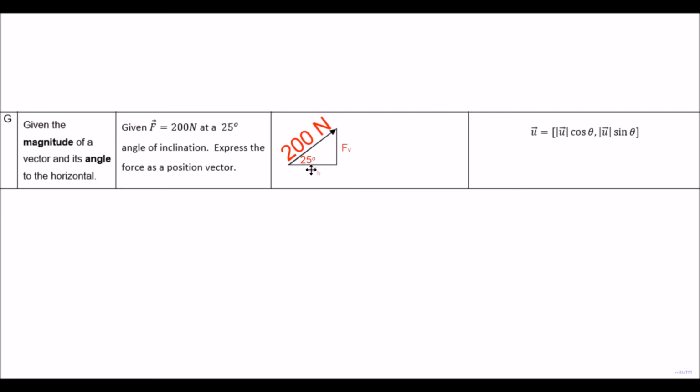And so I want to write my overall force is equal to the horizontal force, comma, the vertical force. It always goes horizontal first, then vertical, just like x and y. x is on the horizontal axis, y is on the vertical axis.